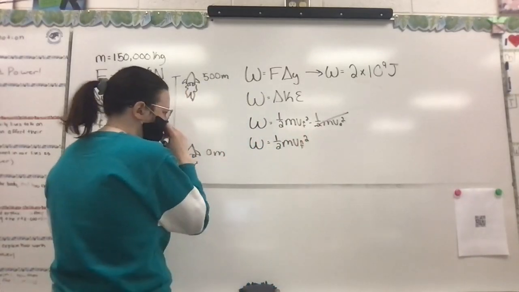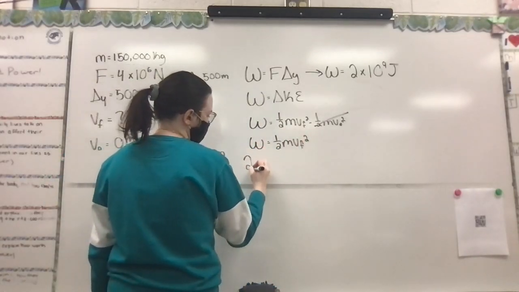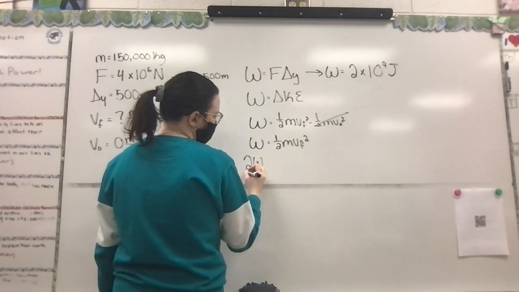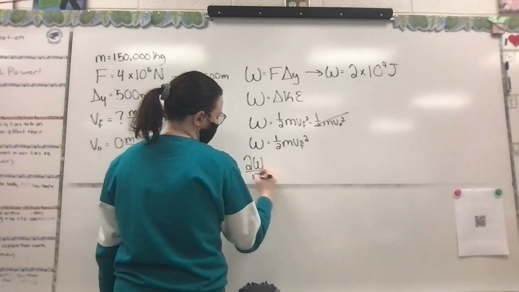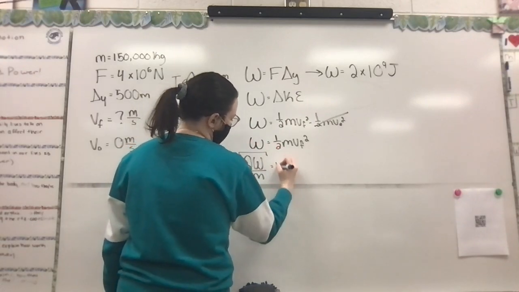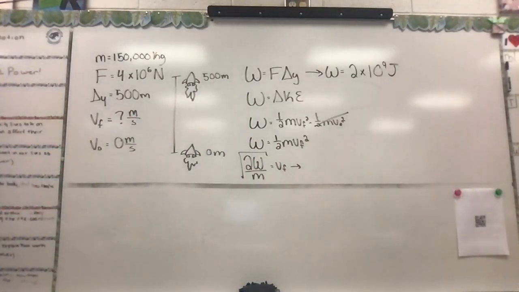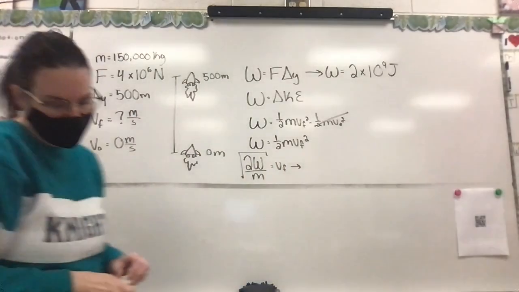Okay, so if we have that work is equal to 1/2 m vf squared, what do we do to rearrange for vf? Multiply by 2, then divide by m and take the square root. All right, tell me what our final velocity is. 163.3 meters per second.